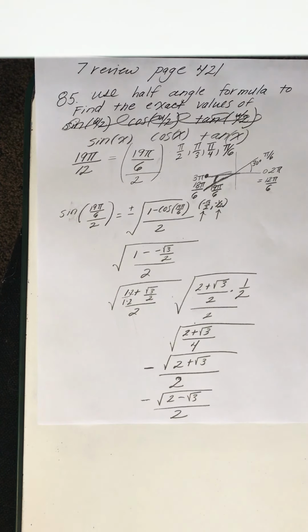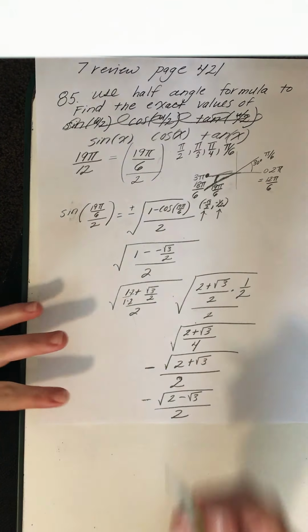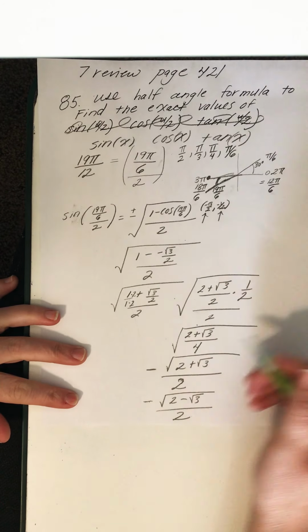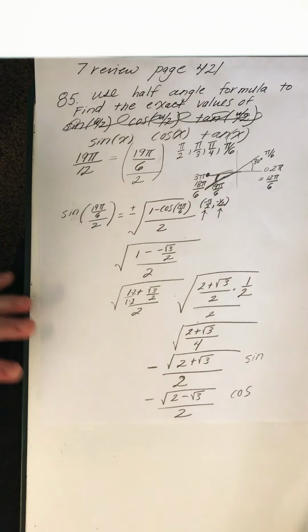So then from here, if we look at this, we could now do tangent. I feel like it's just sometimes easier to use the formula, to be honest. So if we were to use the formula, okay, so here's our sine, here's our cosine, our tangent.